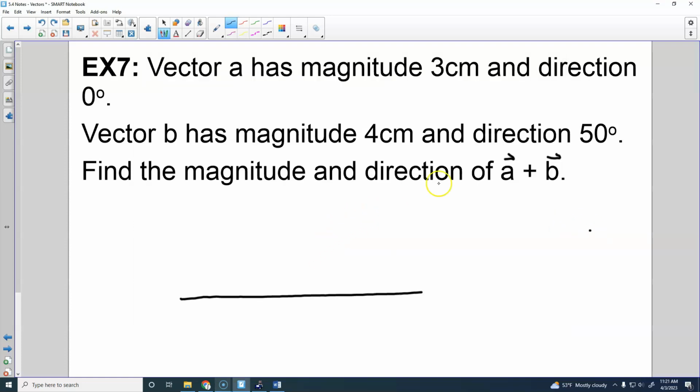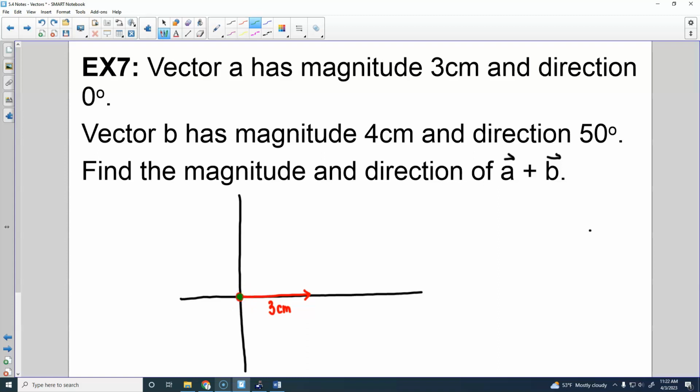All right, so if we have the origin here, our first vector has a direction of 0 degrees and a magnitude of 3 centimeters. Our second vector has a direction of 50 degrees and a magnitude of 4 centimeters.